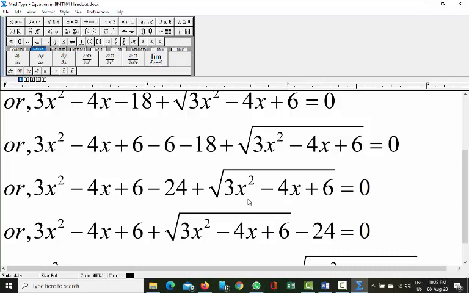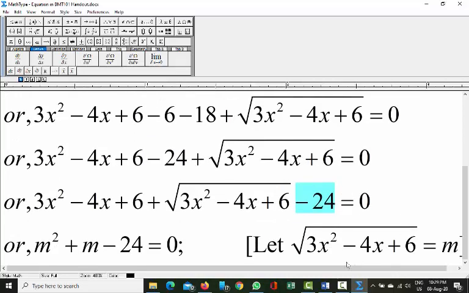So now we have what? 3x square minus 4x plus 6, let us keep it here, and then plus this one, and we will bring this minus 24 at the end, just rearranging it.